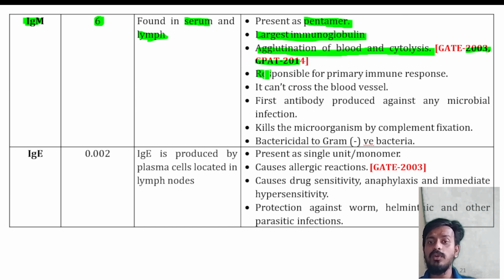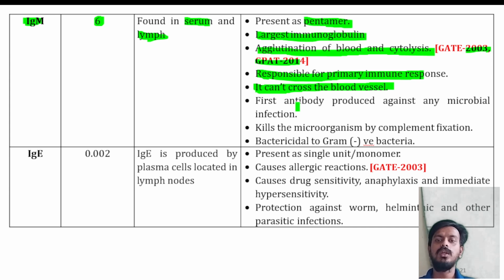It is responsible for the primary immune response. As I discussed previously, there are the primary immune response and the secondary immune response. If we talk about the primary immune response, IgM will be the first. If we talk about the secondary immune response, IgG will be the first. IgM cannot cross the blood vessels.